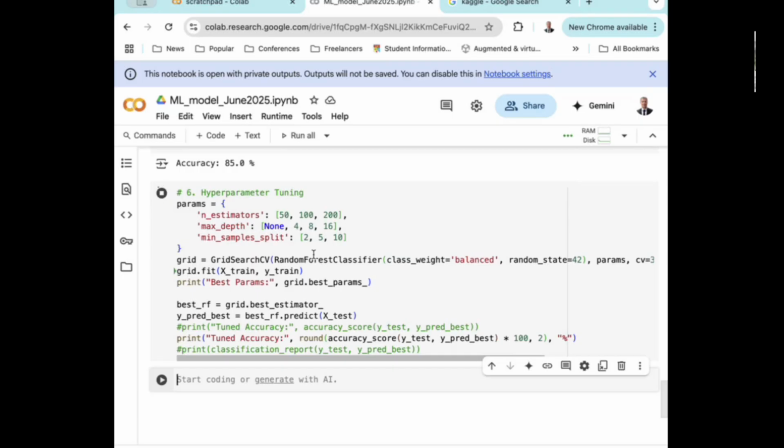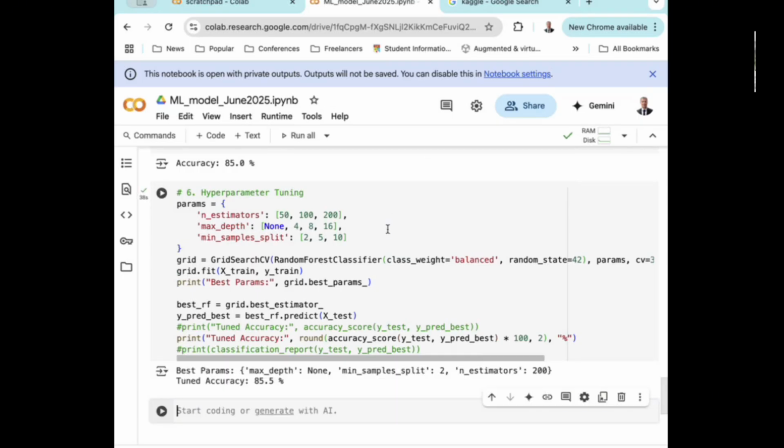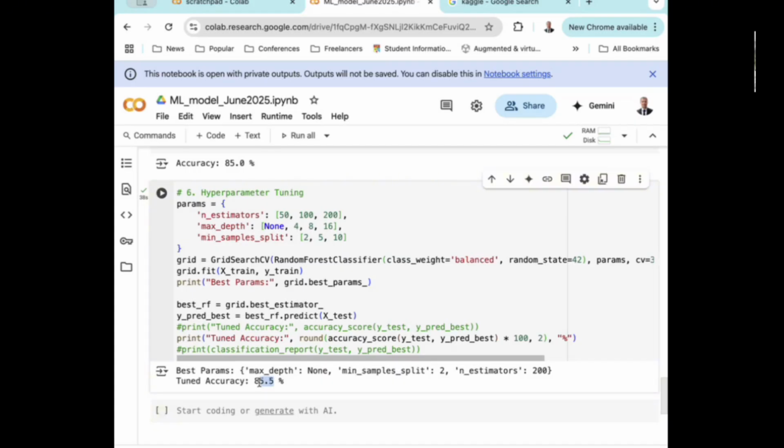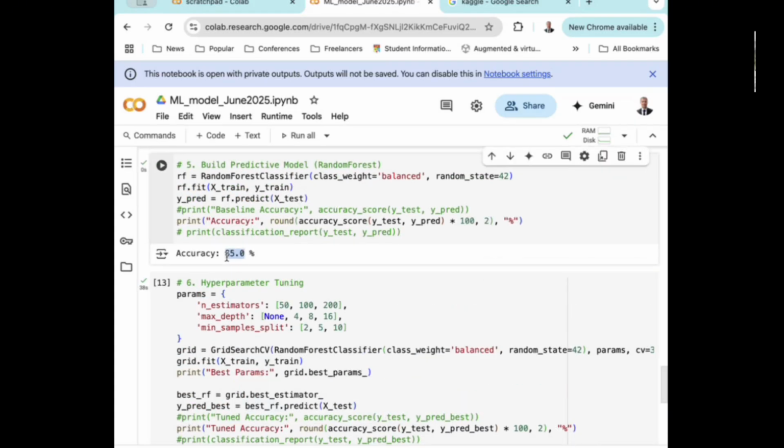We do that to see what is going to be the best parameter for the best accuracy. You can see after running this code, this is the best parameter. These are the values of the parameters to be the best, and the accuracy provided is 85.5. Earlier, it was 85.0.